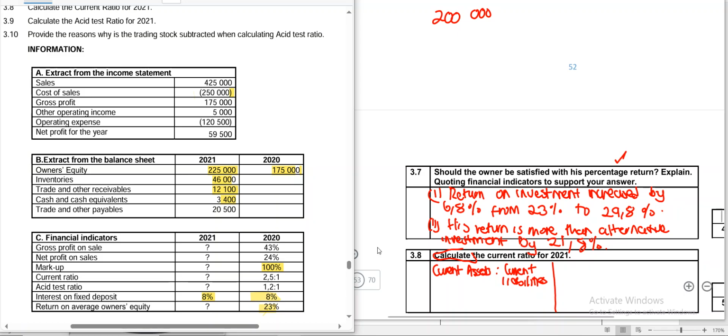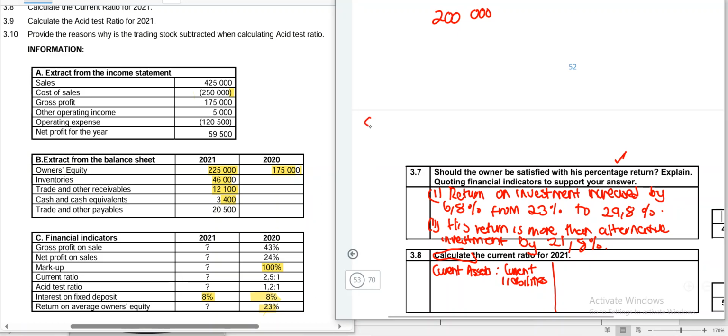To get the current assets, you took 46,000, you added 12,100 for trade and other receivables, and you also added 3,400 for cash and cash equivalents, and this is how much you got.